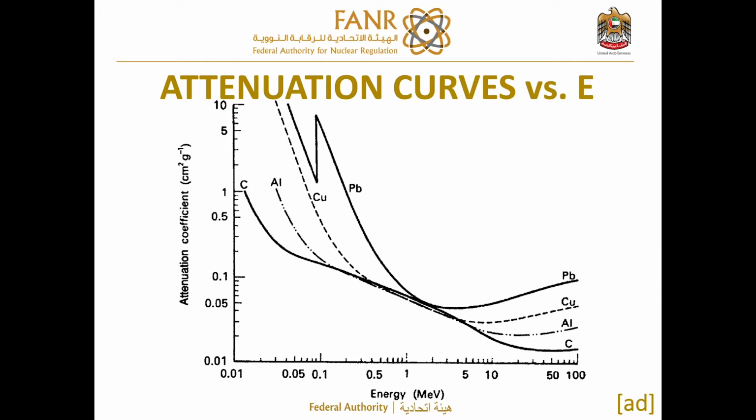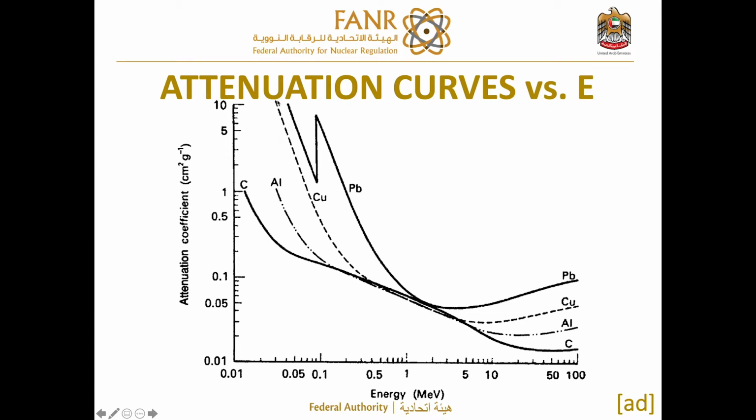So the way the attenuation of photons is described in operational practice is by using this kind of curves. These are attenuation curves in terms of energy, the energy here in megaelectron volts, and in terms of different materials. So for example, for lead, if you follow this curve, the attenuation is very high for lower energies. Then there is a specific steep step, and then again it goes down, and eventually it will pick up a little bit more for very high energies.